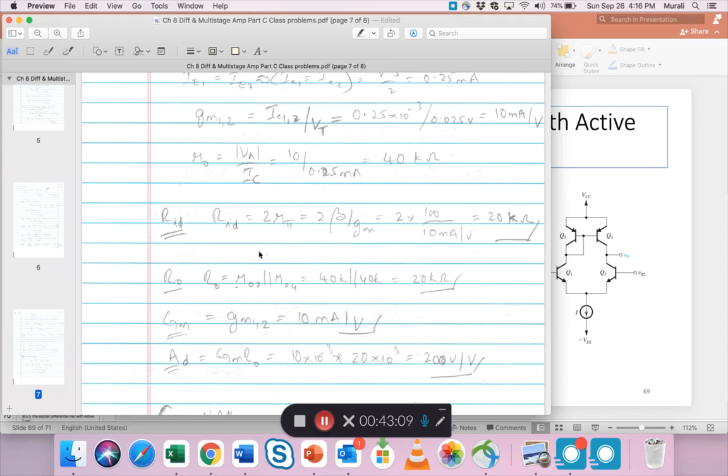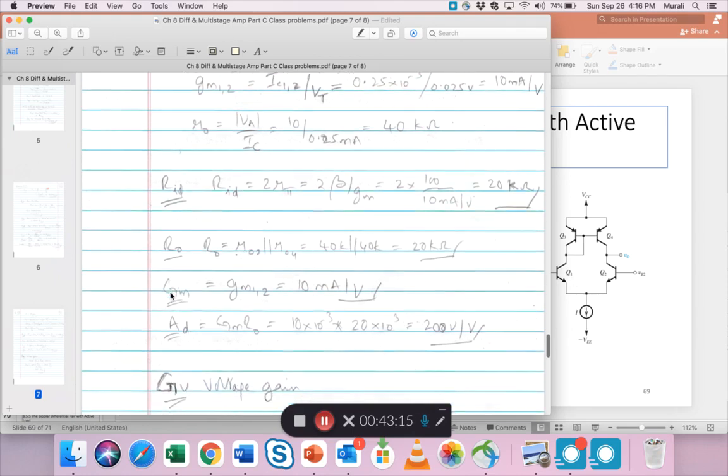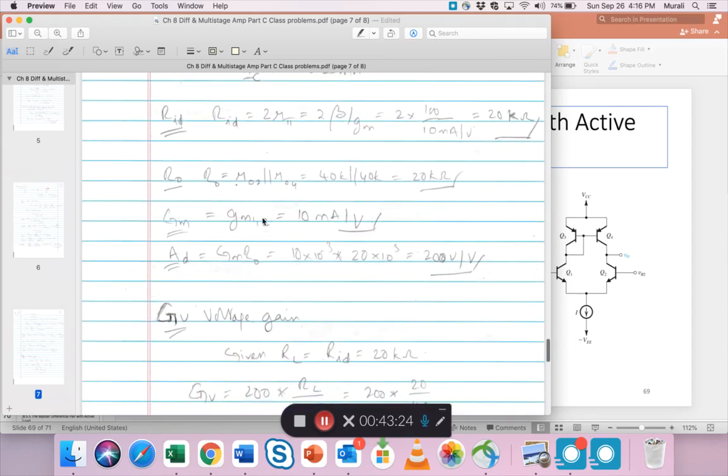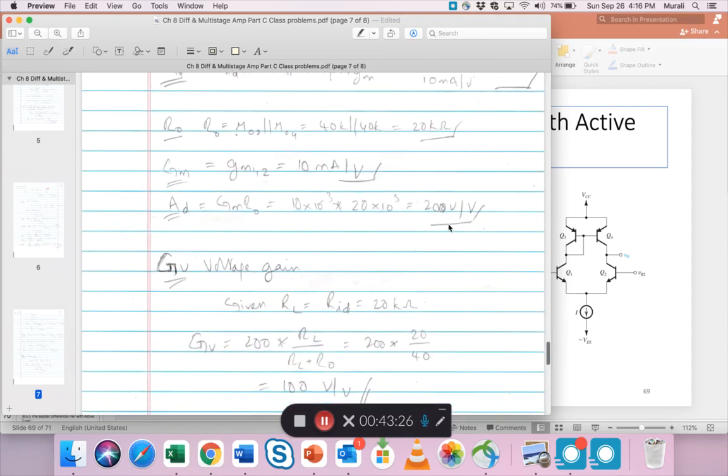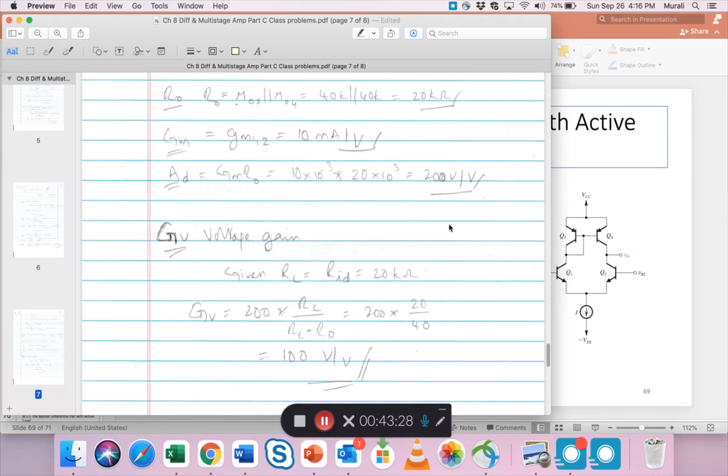RID, that's the input resistance of this differential amplifier, is this. The R output is also this. GM and AD you can find like this, 200 volts per volt.